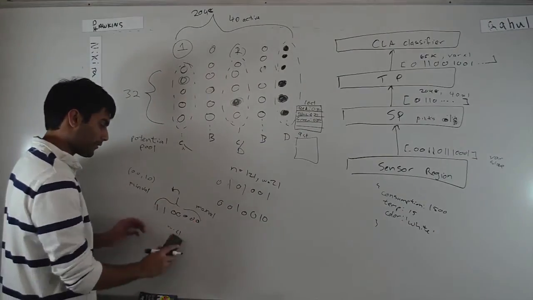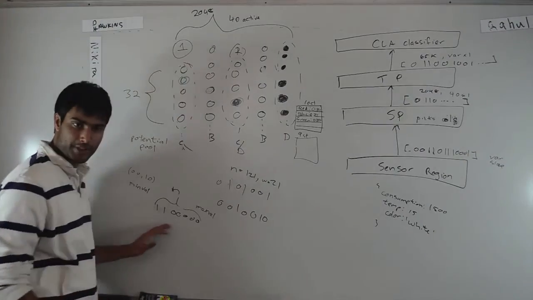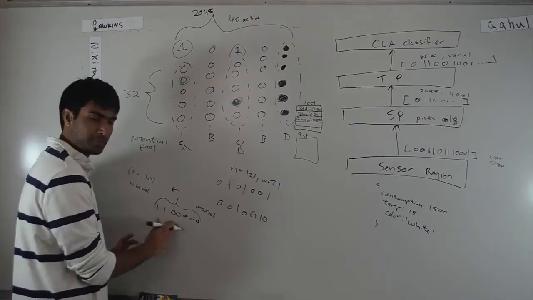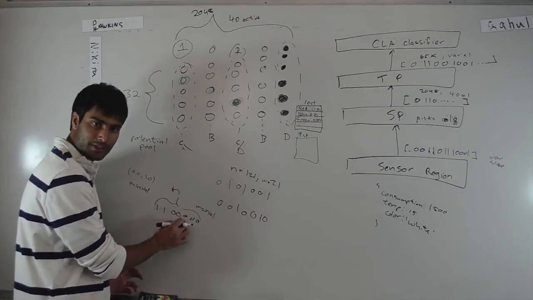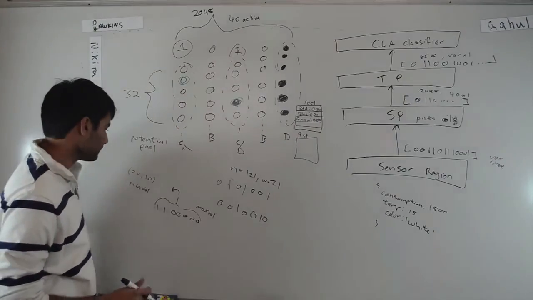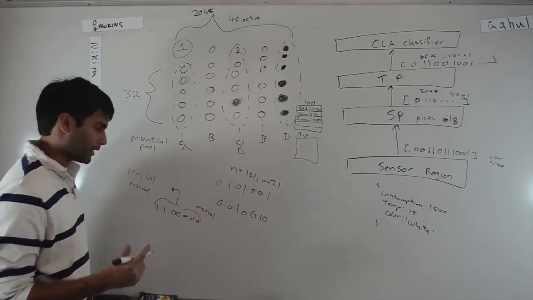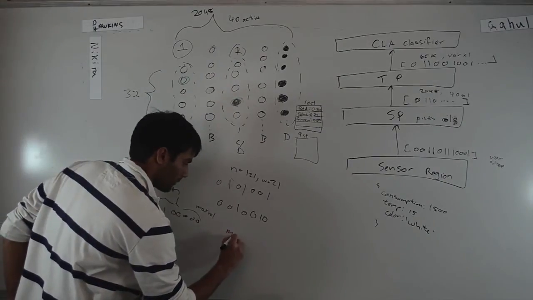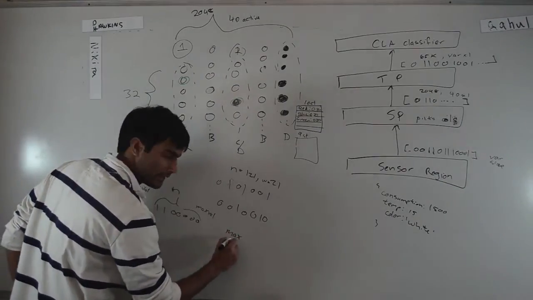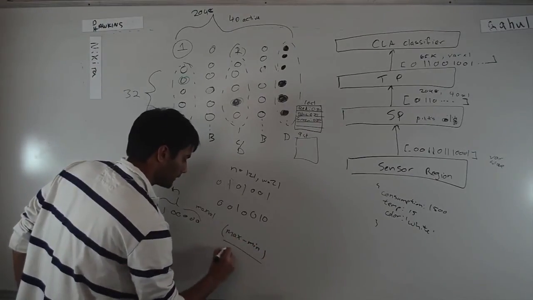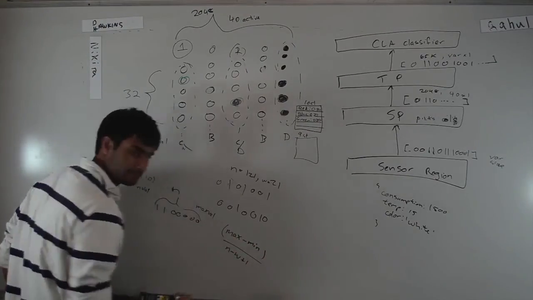When you have a representation like this, the maximum number of things you can represent is n minus w plus 1. That's how many different states there are, how many ways you can slide this over. So the size of each bucket is the max minus the min over n minus w plus 1.